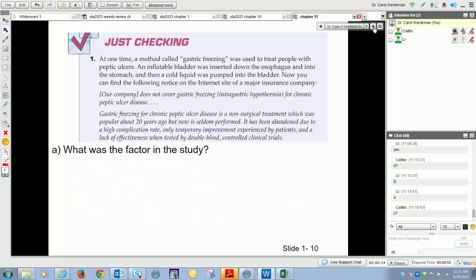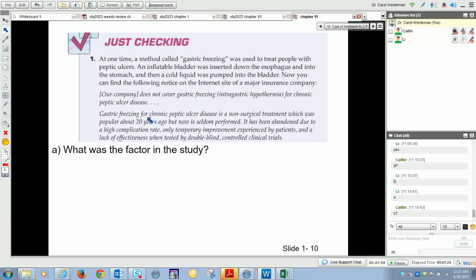Okay, different problem now. This is from your book. At one time, a method called gastric freezing was used to treat people with peptic ulcers. An inflatable bladder was inserted down the esophagus and into the stomach, and then a cold liquid was pumped into the bladder. Now you find the following notice on the internet site of a major insurance company. Our company, whatever it is, does not cover gastric freezing for chronic peptic ulcer disease.